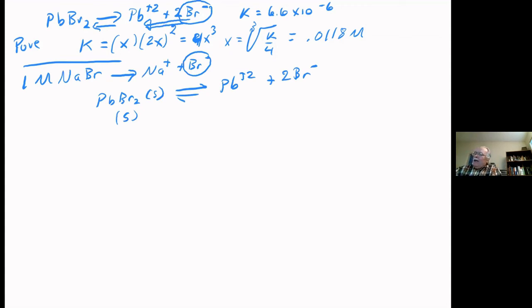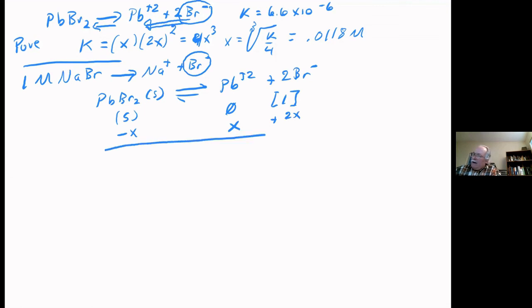Now, I started with none of this because I didn't have any common ions with lead, but I have a 1 molar solution of this. Normally we don't put the M there, but it's implicit that these are concentrations. Is everybody following me? And now, for every one of these that I dissolve, as long as I don't dissolve it all and could dissolve more, I make one of these and I make 2 of these.